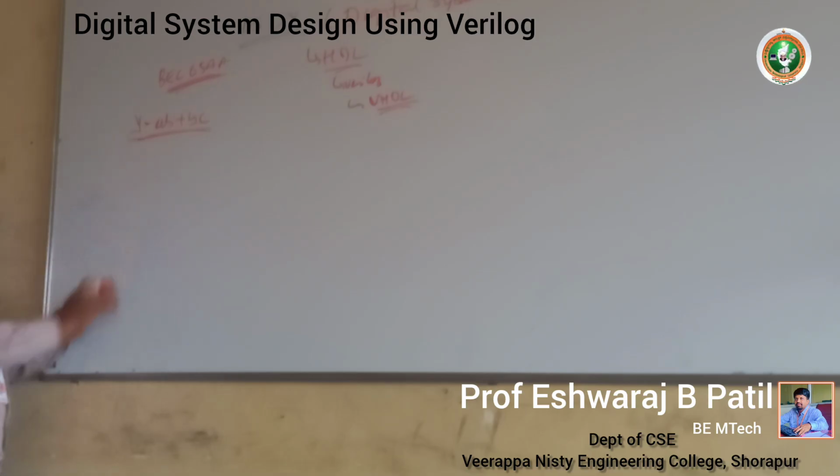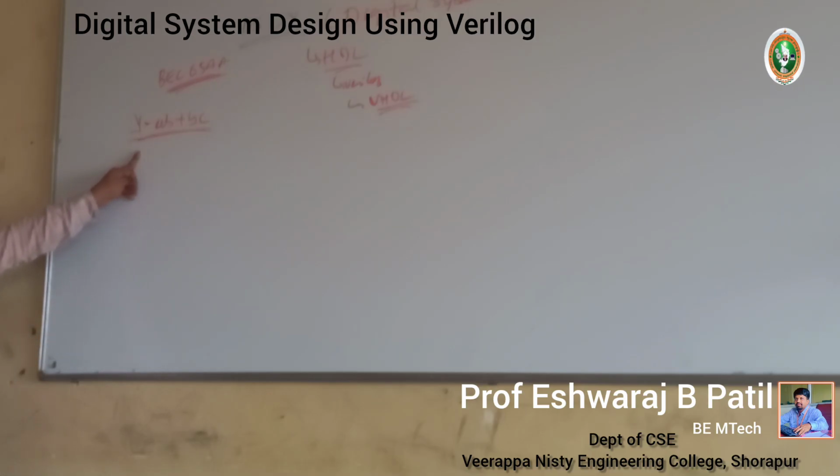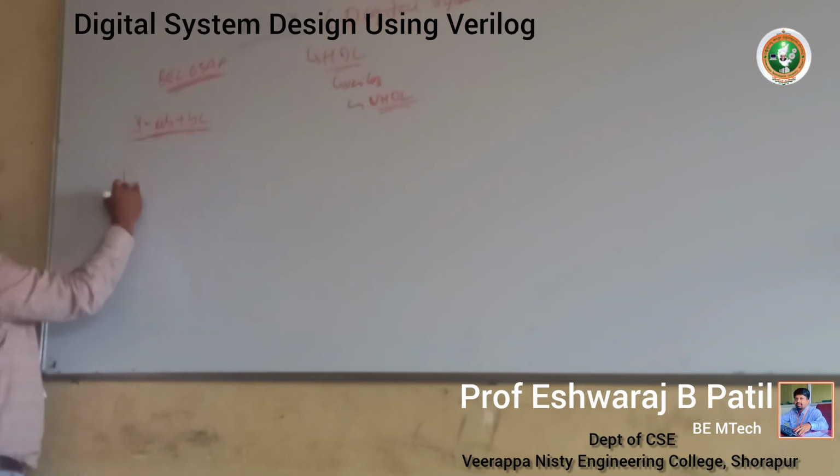First, this is the real world problem. It is implemented in the form of the Boolean equation Y equals AB plus BC. As you all know the basics about how I got this equation in the previous DDCO lab, there I designed this equation. So with this we can design the hardware.